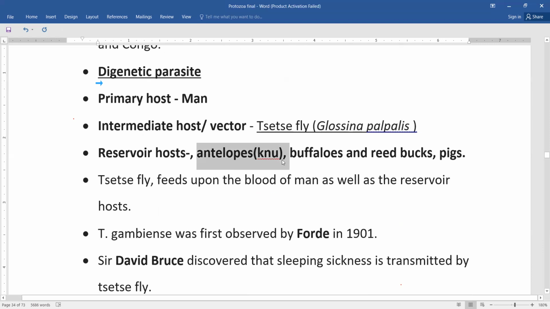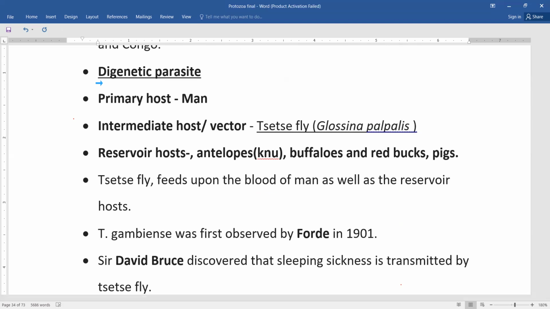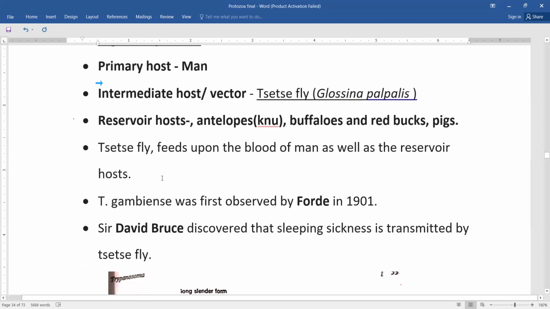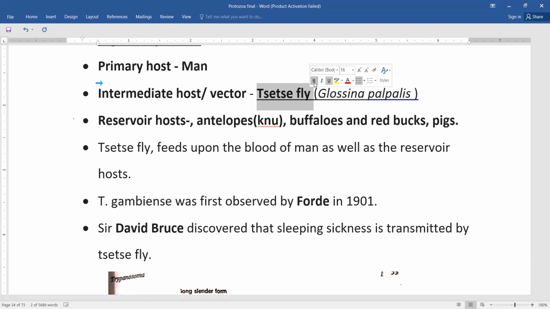Antelope, a kind of deer, some buffaloes, redbucks and pigs are considered reservoir hosts. Anyway, tsetse flies feed upon the blood of man as well as the reservoir hosts. This tsetse fly is like the housefly, but it bites human beings. It sucks the blood of man.